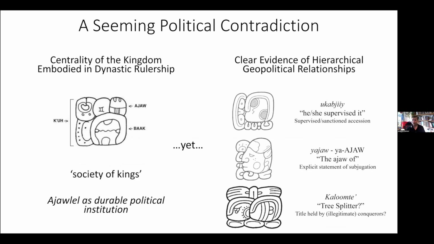So again, with this seeming contradiction, because we have this society of kings and these kingdoms that have a lot in common culturally, you're able to add a layer of political hierarchy above that. It does require some new concepts like Ukabi, Yahao, Kalumte to explain those things. But there's still this respect for and deference to Kuhul Ahalel as this long existing thing.